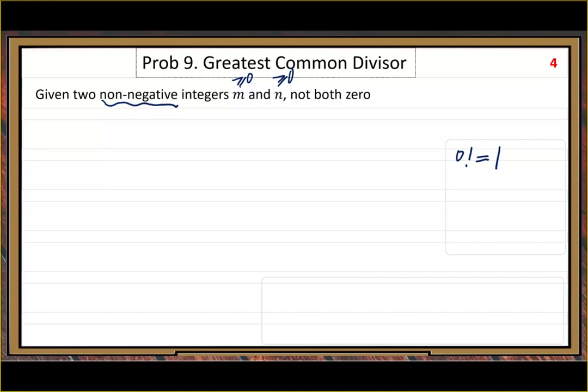But for this case, the greatest common divisor, GCD, if you want to assign it a value, whatever value you assign, you always get a contradiction.